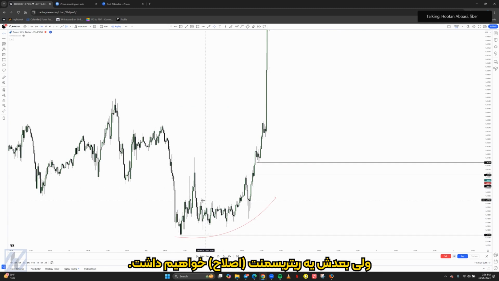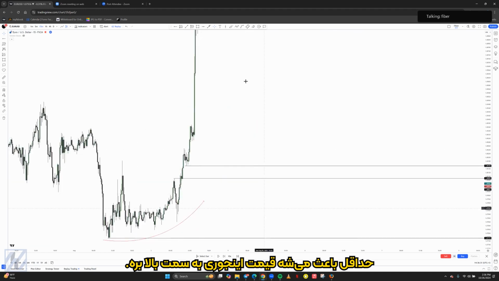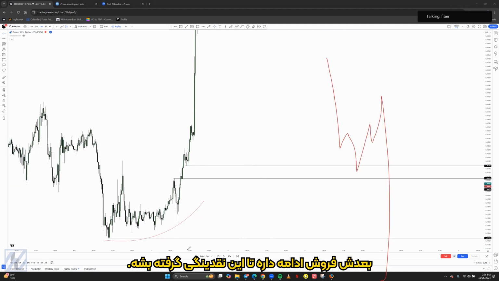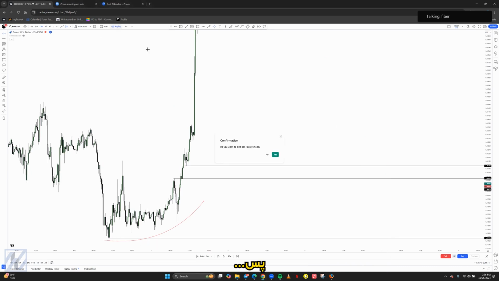But then there's going to be a retracement. There's something that would cause a retracement, at least for price to go to the upside in this way. Then keep selling to take this. That was why I capitalized on this buy before a sell off.